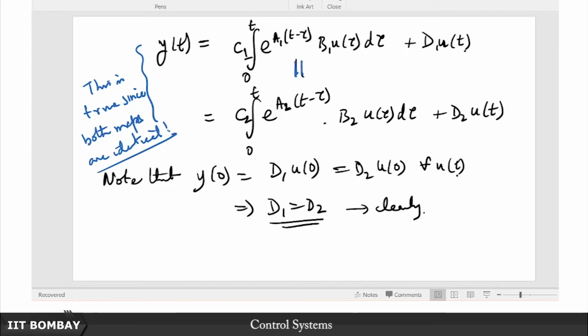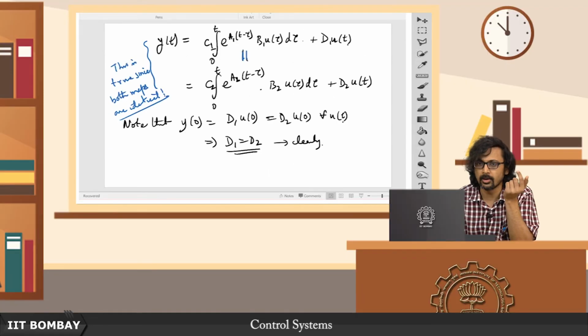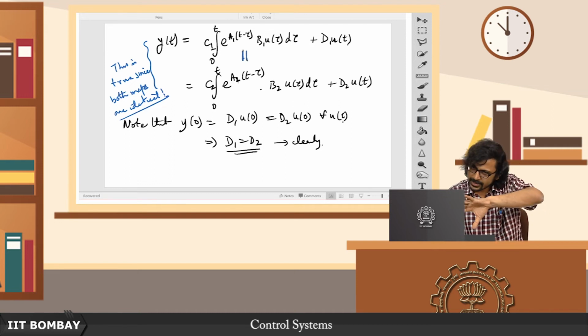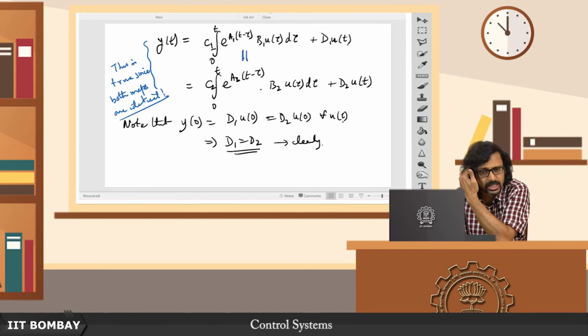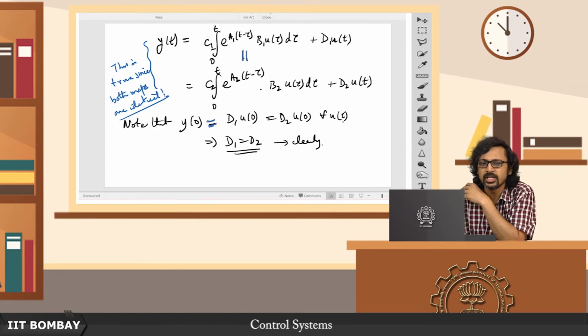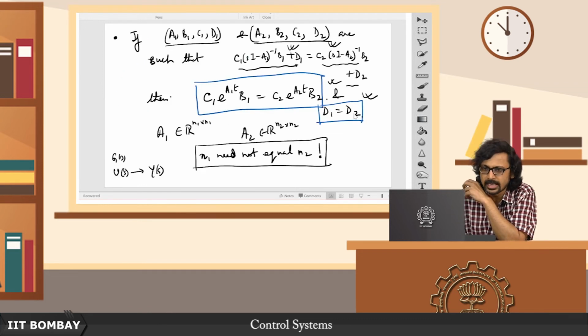So what we are saying is that both these maps, in terms of A1 B1 C1 D1 and A2 B2 C2 D2, are representing the same map from U to Y, so they must both be equal, and if they are both equal, then by just applying t equal to 0, I get the condition that D1 is equal to D2, which is one part of the claim. This part of the claim is now taken care of. Now I have to prove the other part of the claim.